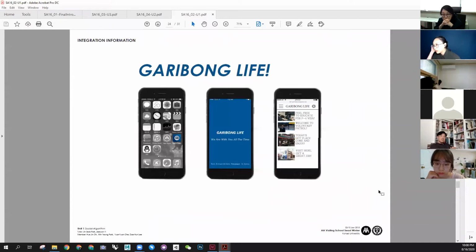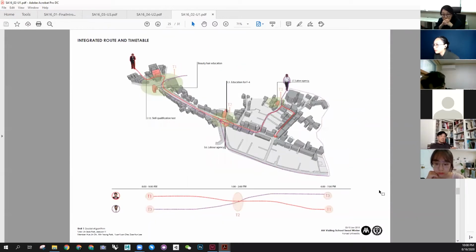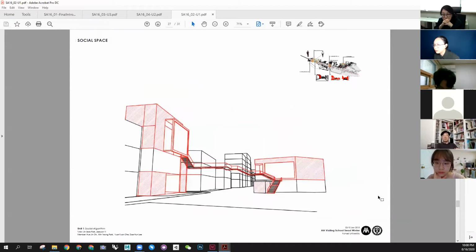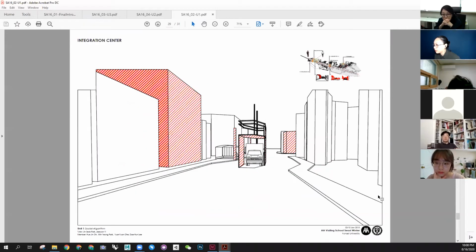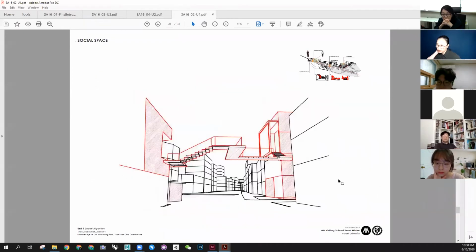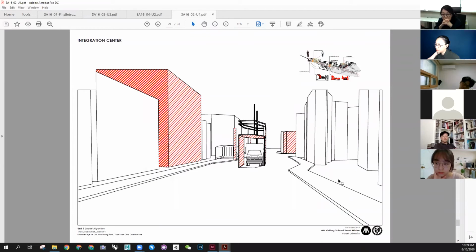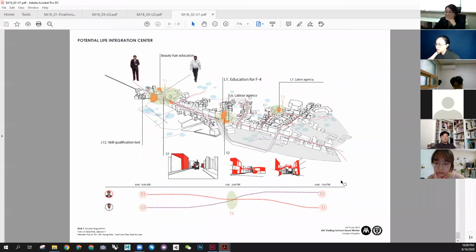And interestingly, using the app and social media as a trigger for different social engagement. I think that was also interesting. You can see that there are a lot of physical proposals, which was a way to engage in the discussions.